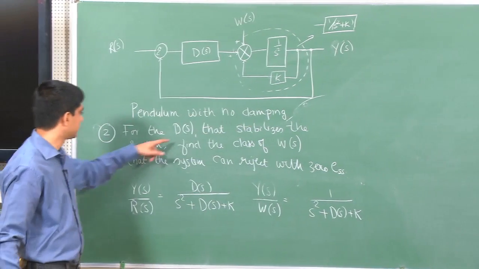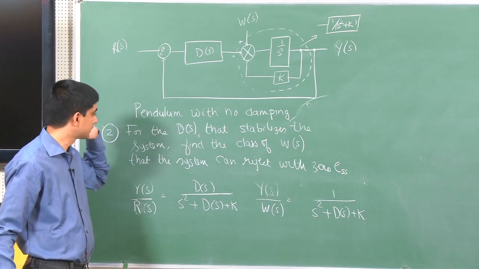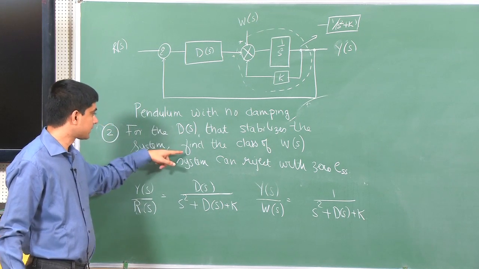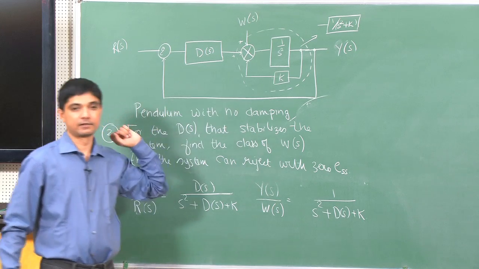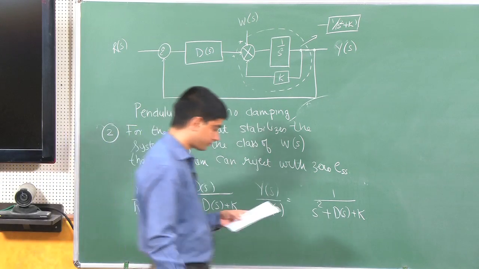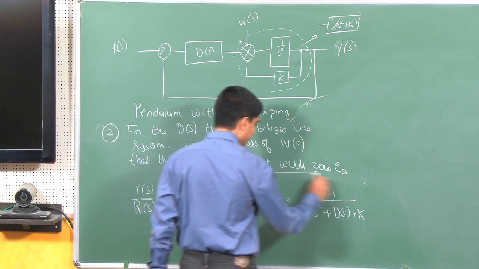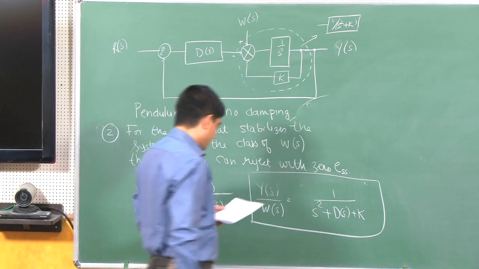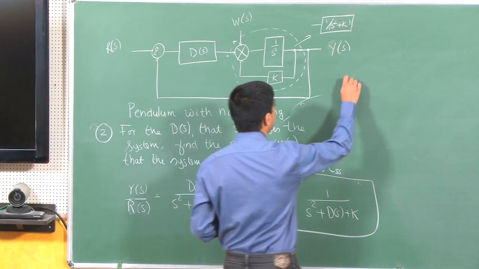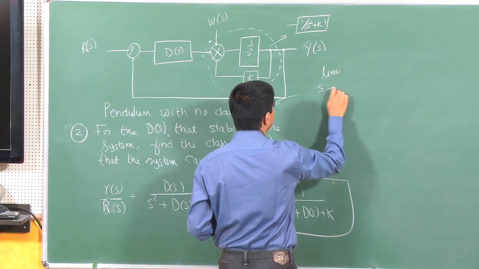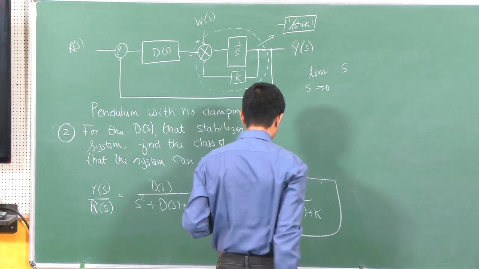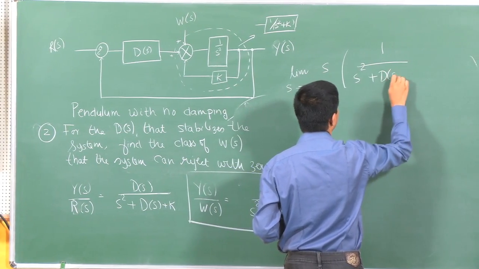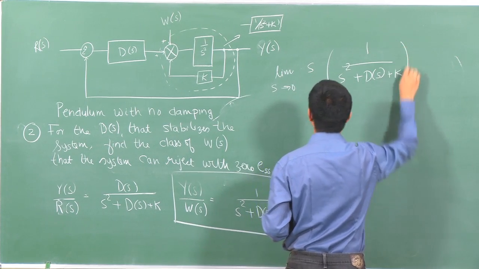So, I need to find, for this D(s) which had a pole at the origin, and which I also assume stabilizes the system, what are the class of the disturbance signals that I can reject? I will use this guy here. Y(s) over W(s) is this guy. So, what I would want is the limit as s goes to 0 of s times 1 over s squared plus D(s) plus k.